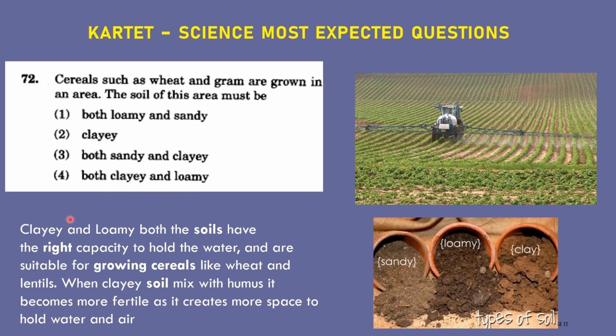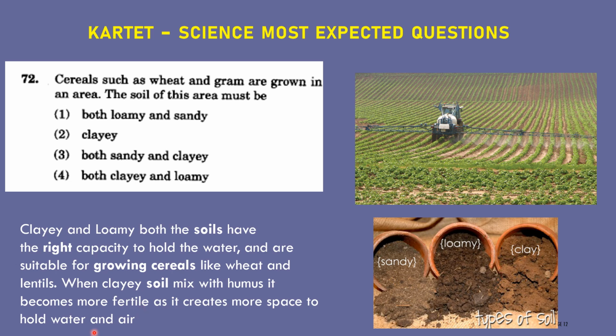Let us discuss. Clay and loamy, both soils have the right capacity to hold water. Therefore, to grow cereals, we will use this type of soil. When clay soil is mixed with humus, it becomes more fertile, and the fertility of the soil increases.